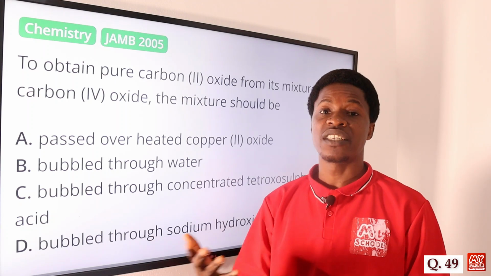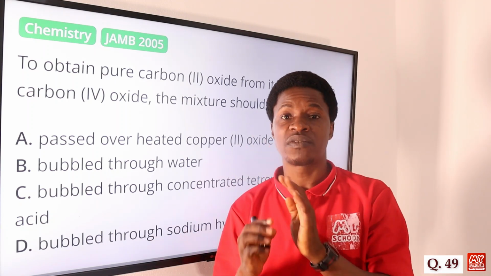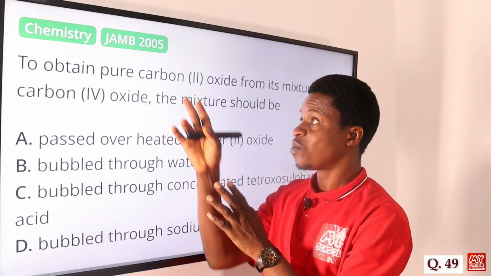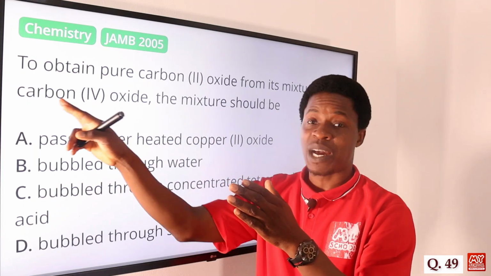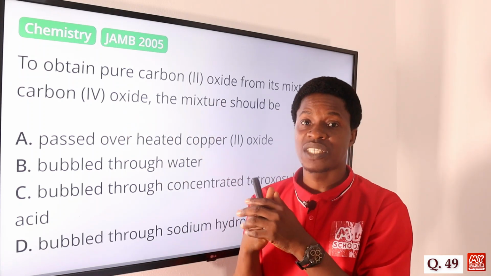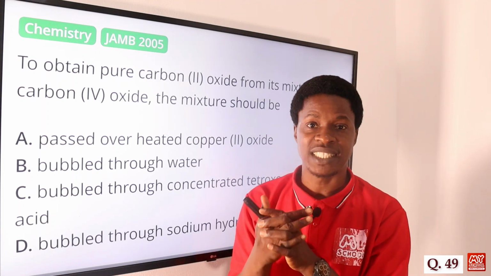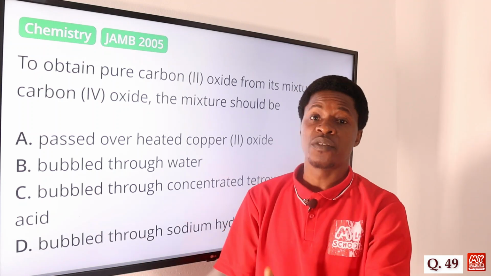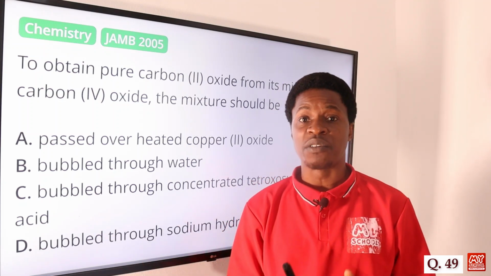The carbon 4 oxide, CO2, becomes reduced to CO, carbon monoxide. But we still have some CO2 that is uncharged there. As you pass it through the red hot carbon, some carbon 4 oxide will remain unreacted.